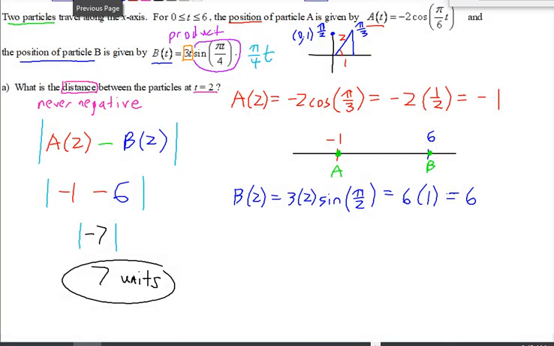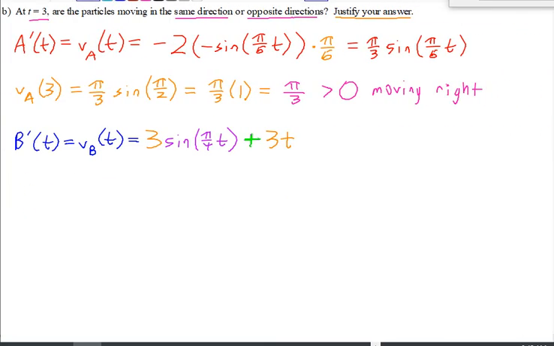The derivative of sine is cosine, so it becomes cosine of pi over 4 t, times, again using the chain rule, the derivative of the inside. The derivative of pi over 4 t is just pi over 4.